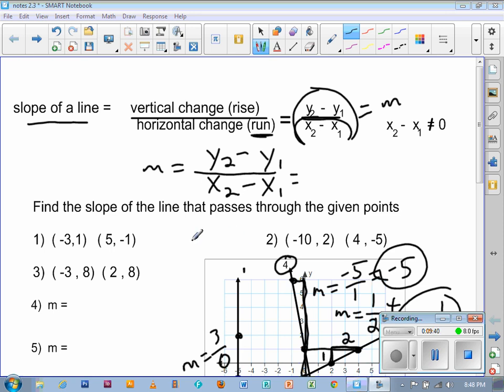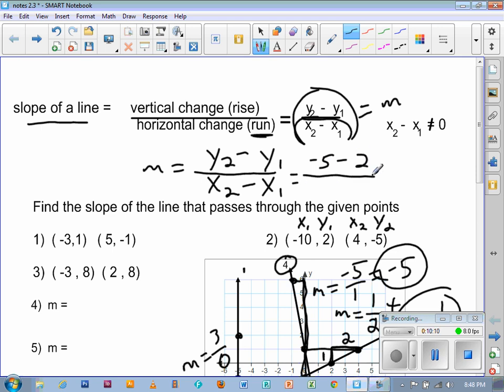If we look at number 2, again, we're going to call this x sub 1 and y sub 1. By the way, these are subscripts. There are numbers that indicate that we have 2 x's. Here it's called x subscript 1, x subscript 2. And then we've got y subscript 1 and y subscript 2. It just identifies the two different y's and two different x's that we have. If you do that, we end up with negative 5 minus 2 as my numerator.